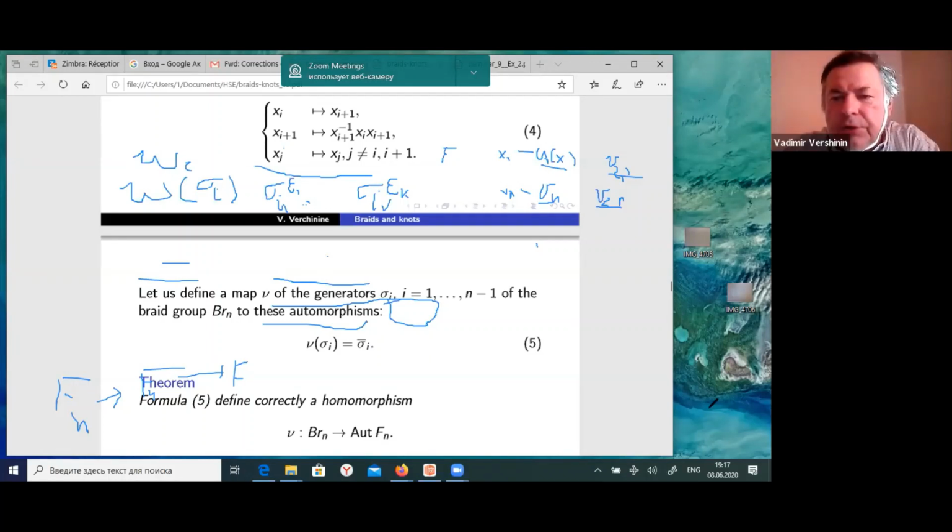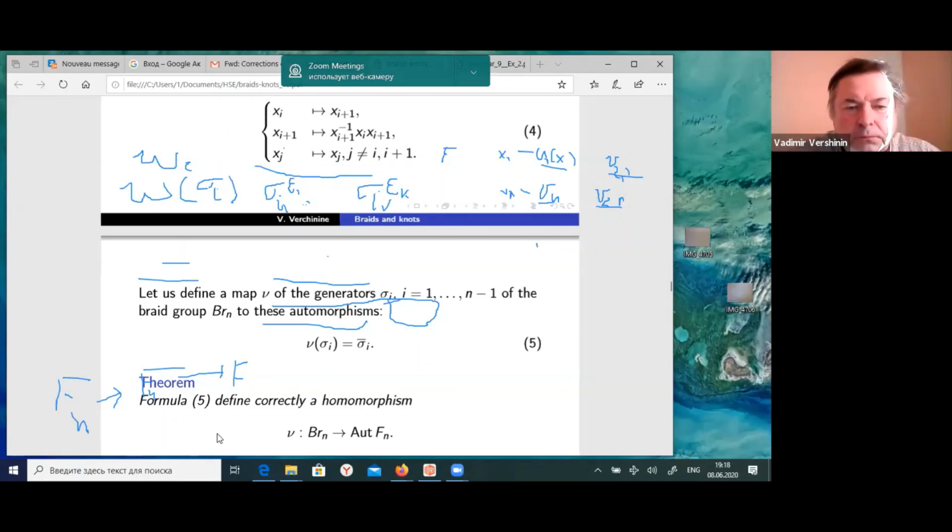So actually, you see why I explained in detail the solution of the word problem for the free group, not because it's simple by itself, but because we concretely use this in the solution of the word problem for the braid group.